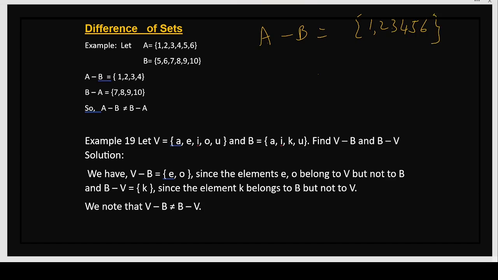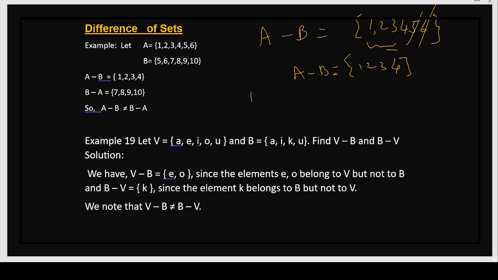Remove this element. 5 is there. Remove this. 6 is there. 7, 8, 9, 10 are not there, so there is no need to remove. So what are the left out elements? 1, 2, 3, 4. This is A minus B. That is the difference of elements.